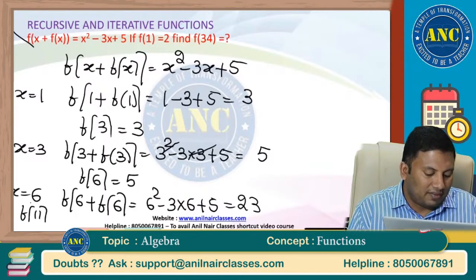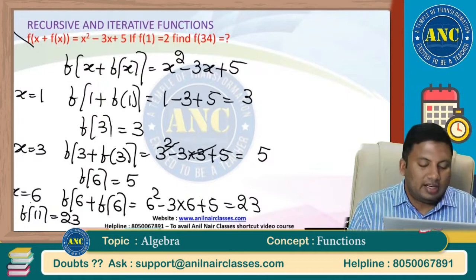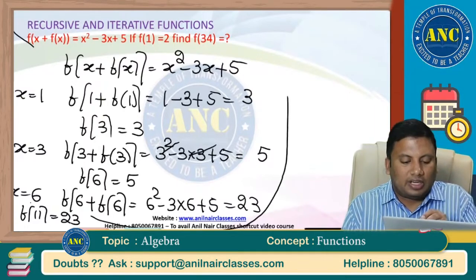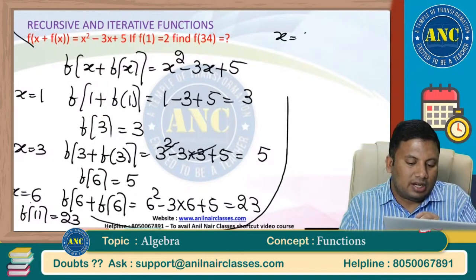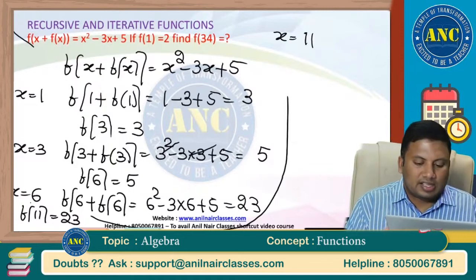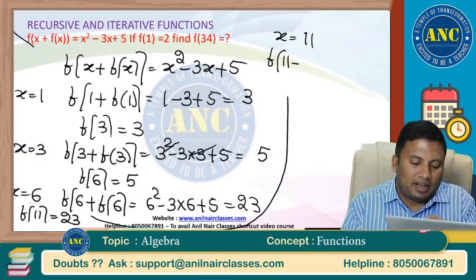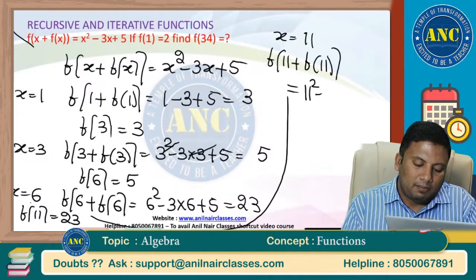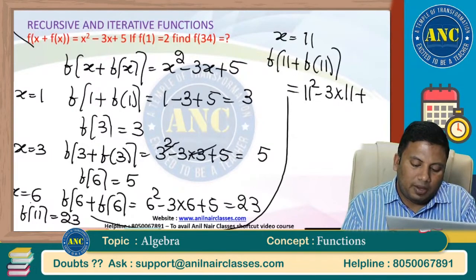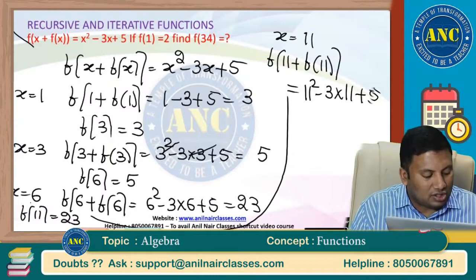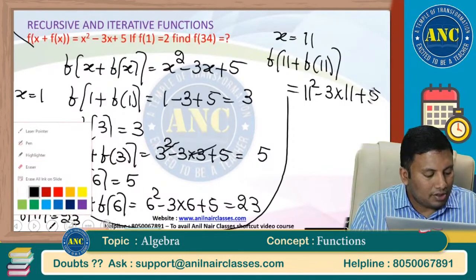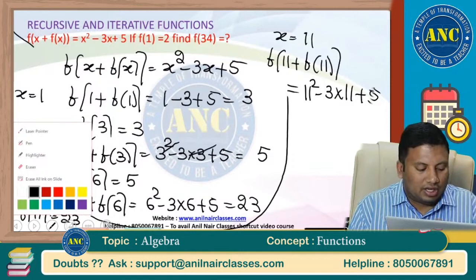So f of 11 is 23. Again take these output as an input. X equivalent to 11. If I take x equivalent to 11, f of 11 plus f of 11 equivalent to 11 square minus 3 into 11 plus 5. f of 11 is 23.